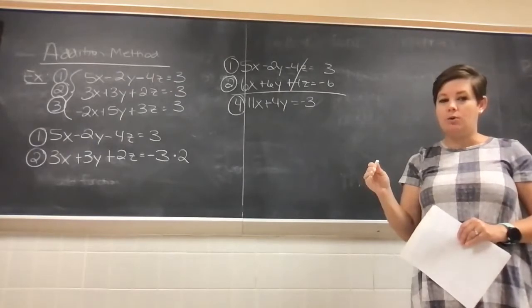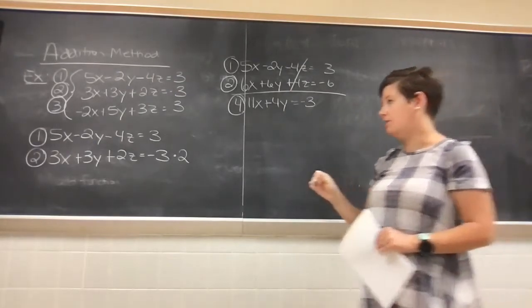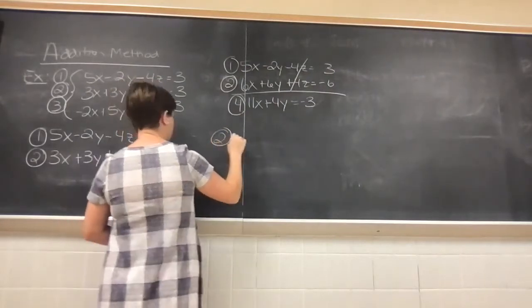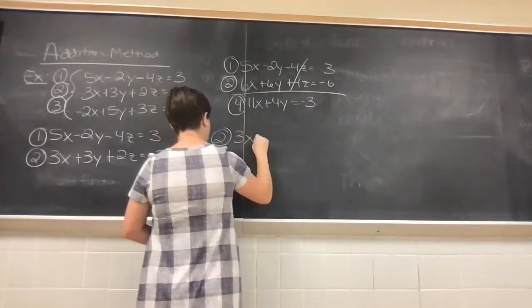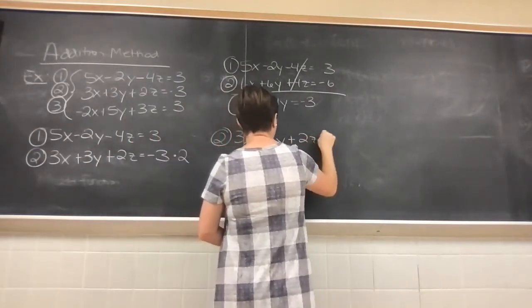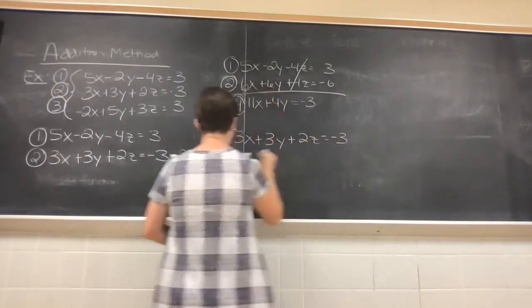Now I'm going to look at equations 2 and 3. So equation 2, going back to the original, was 3x plus 3y plus 2z equals a negative 3.